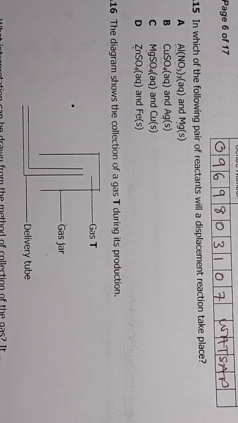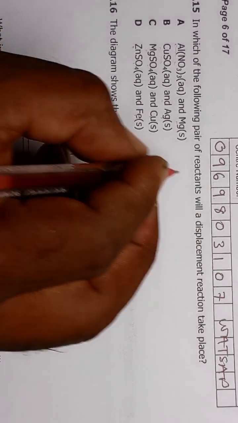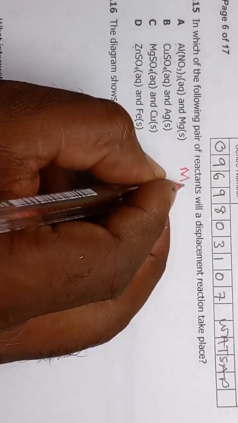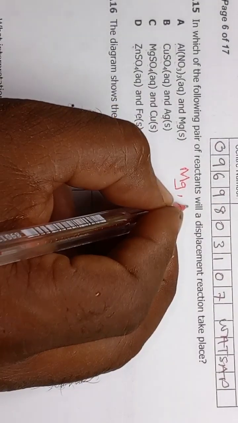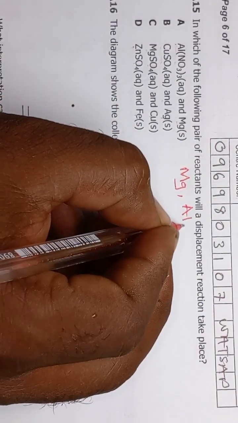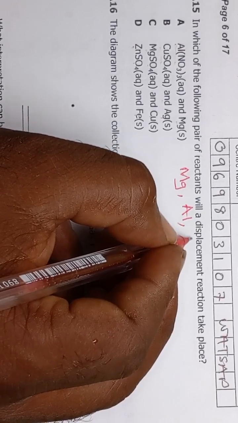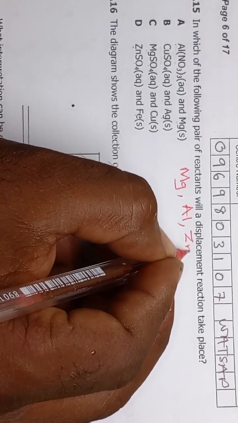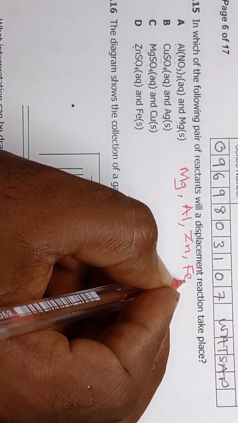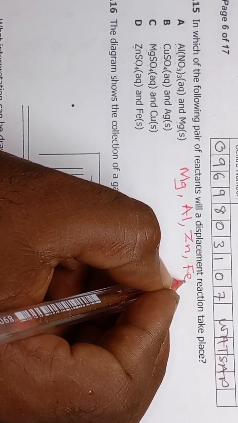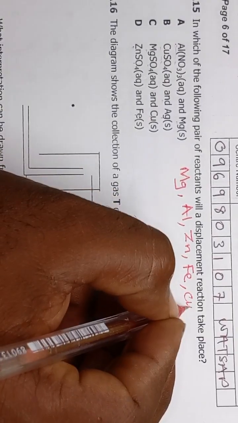So now let us look at the reactivity series. From here, we have magnesium, which is the most reactive element, then followed by aluminium, followed by zinc, followed by iron, followed by copper.